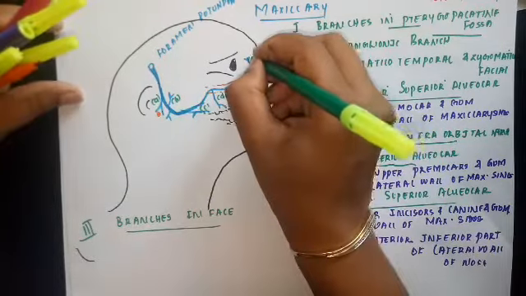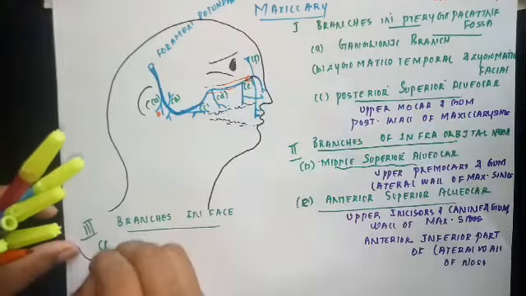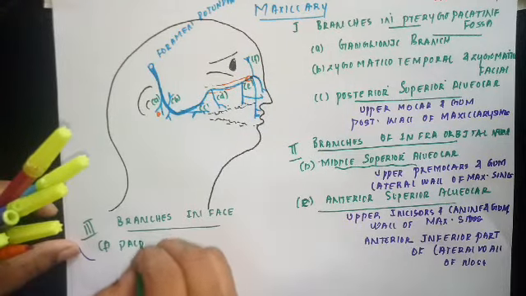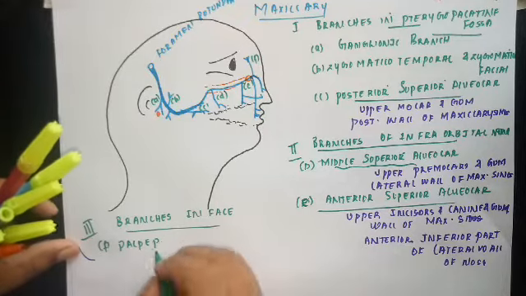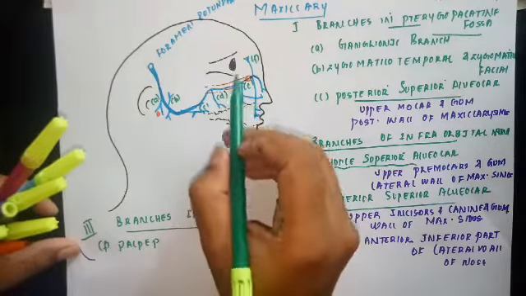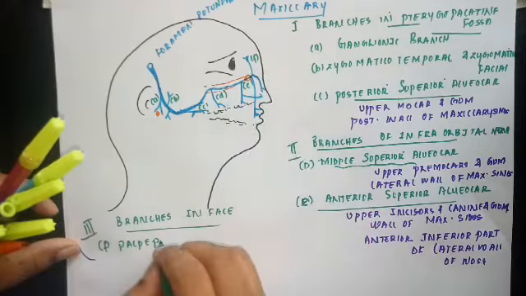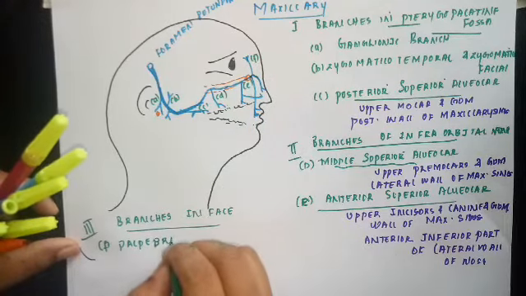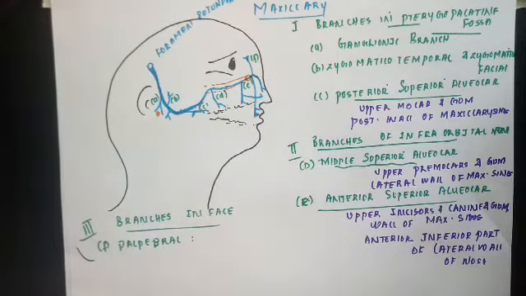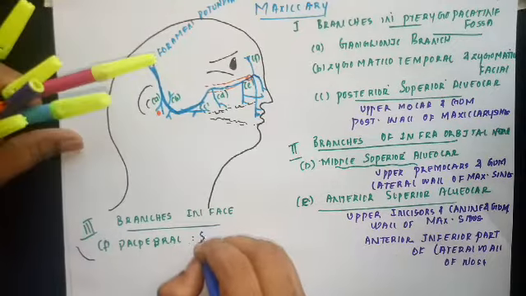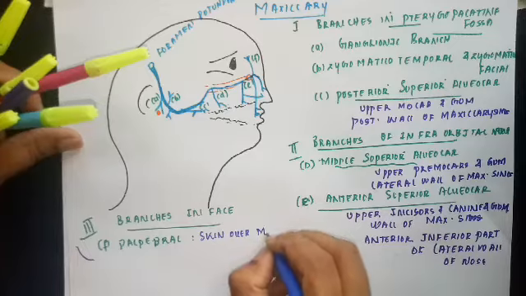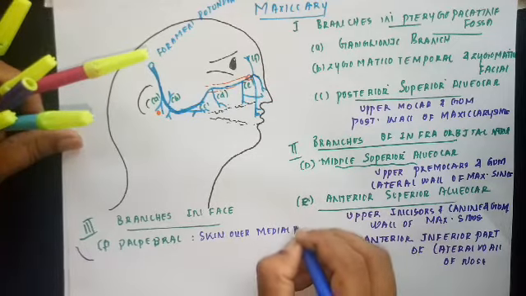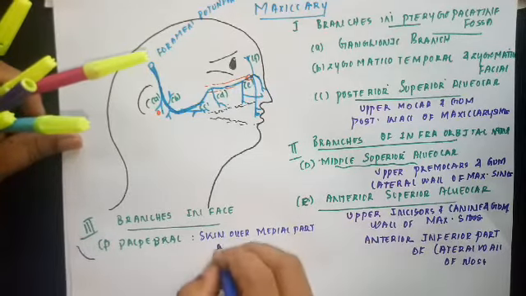F is the palpebral branch, which supplies the skin over the medial part of the lower eyelid.